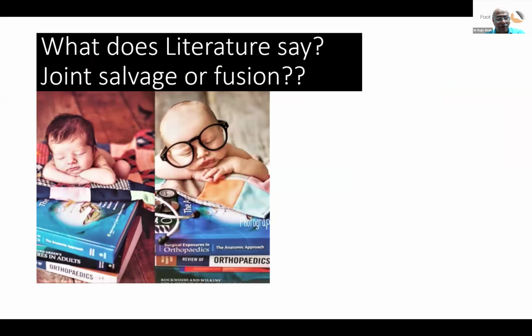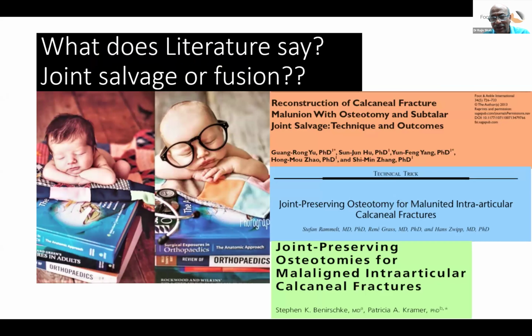What does literature say about joint salvage versus joint fusion, subtalar fusion for a malunited calcaneus? Till date, literature has shown 3 papers on joint preserving osteotomies for malunited intra-articular calcaneus fracture.